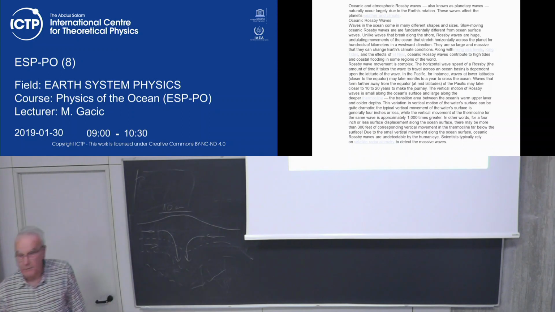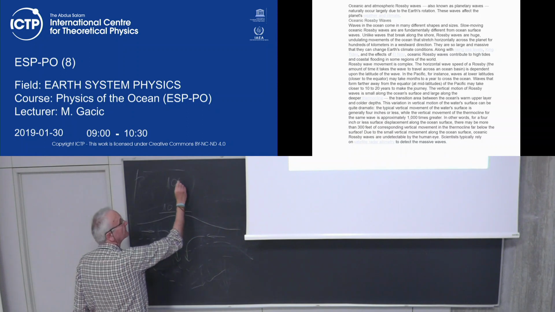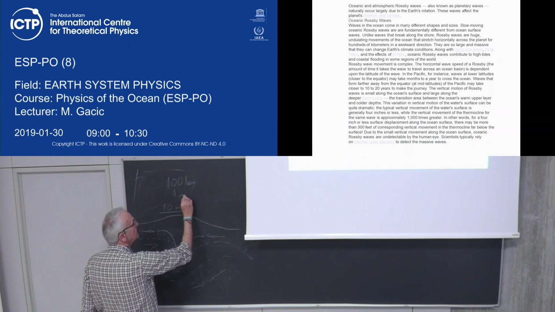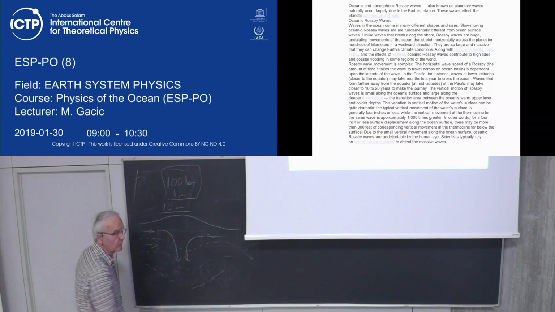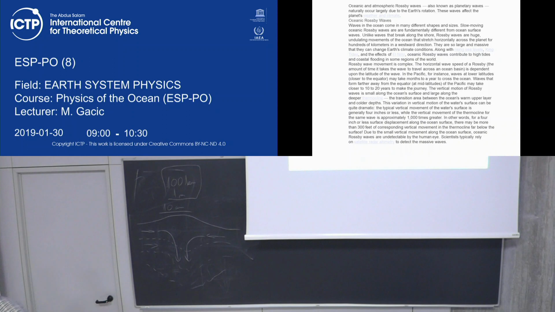This is a typical sea surface deformation, unless we talk about extremely strong currents like the Gulf Stream, when on 100 kilometers we have 1 meter. But this is the case where we have a very strong current. So we have a 10 centimeter deformation at the free surface.